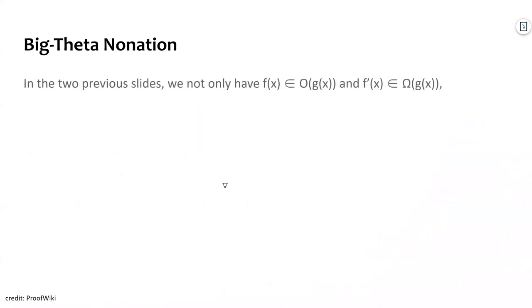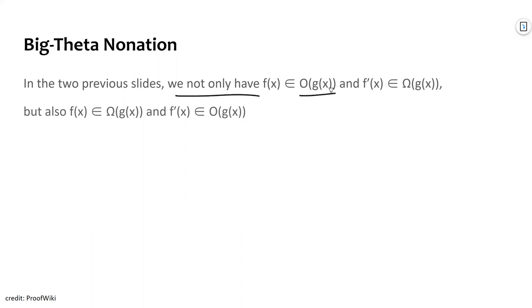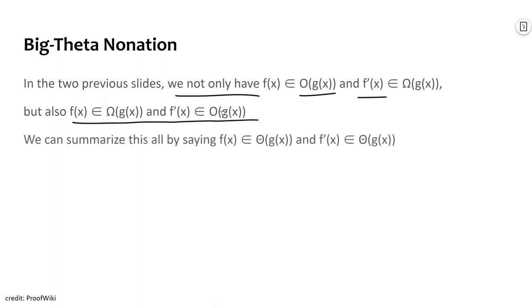And the last notation we're going to think about is big theta notation. In the two previous slides, we had f as a member of the big O family of g, and f prime x as a member of the big omega family of g. But also, this one happened, which is what I told you in the previous slide. In this case, we say that f(x) is in the family of big theta of g.